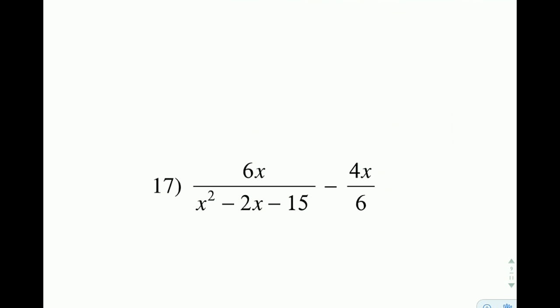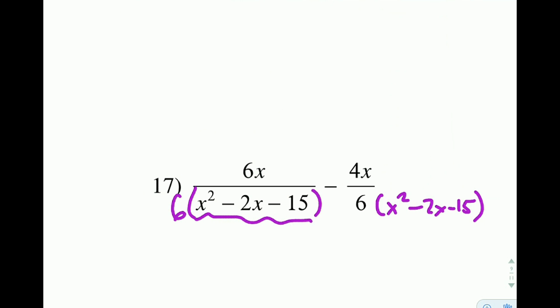You could factor this first and then work from there, or you could just realize that there is going to be no common factor and you're going to have to multiply the bottom of this here by x squared minus 2x minus 15, the whole thing, and you're going to have to multiply this whole thing by 6, meaning that you're going to have to multiply this whole top x squared minus 2x minus 15, and multiply this whole top here by that 6.